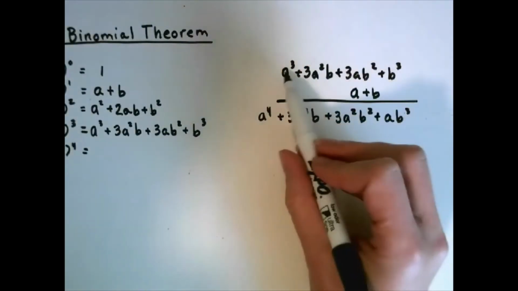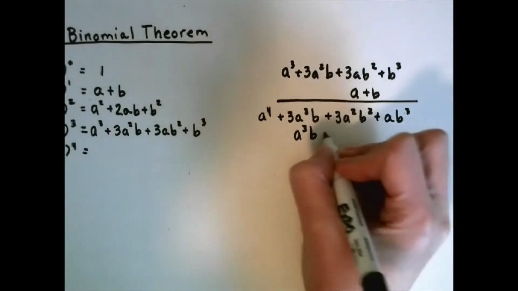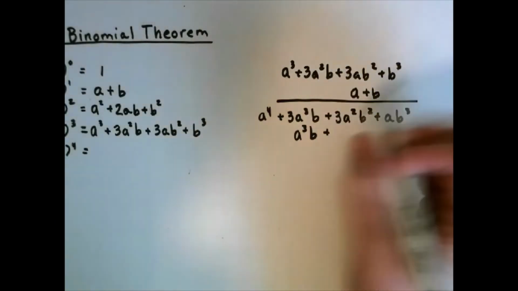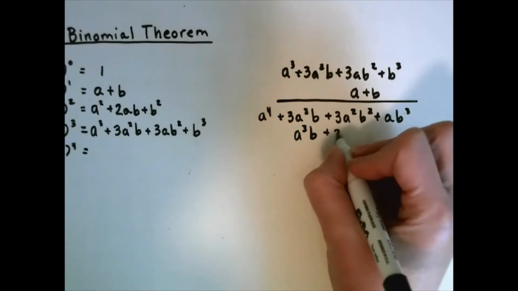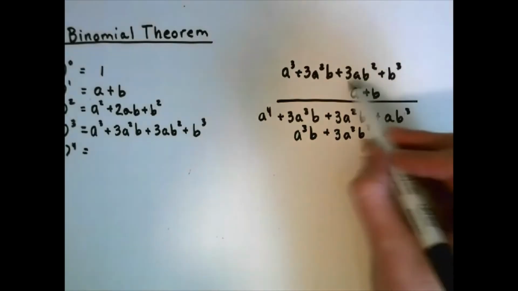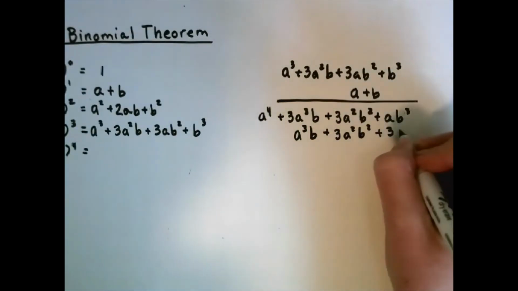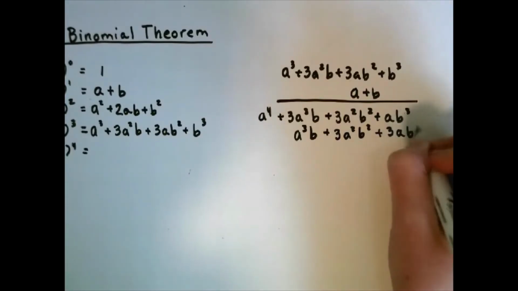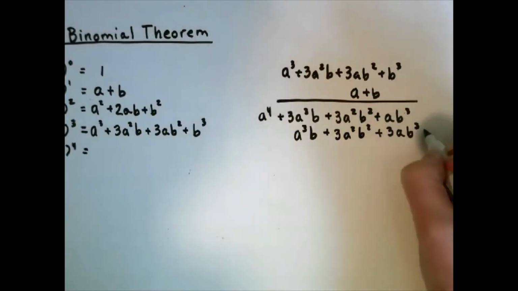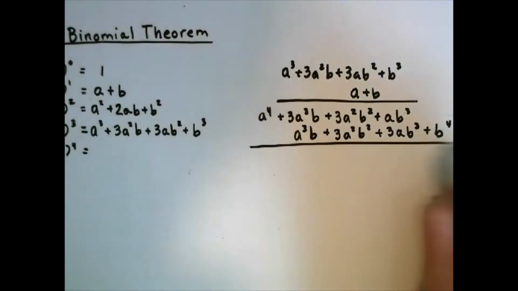So b times a cubed is going to be a cubed b. This one times the b is going to be 3a squared b squared. Multiply this one is going to give me 3ab cubed, and then the last one will be b to the 4th.